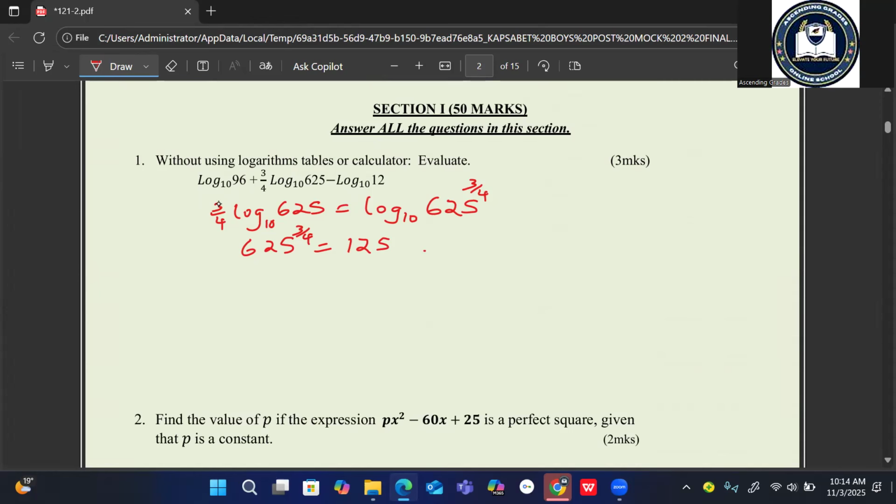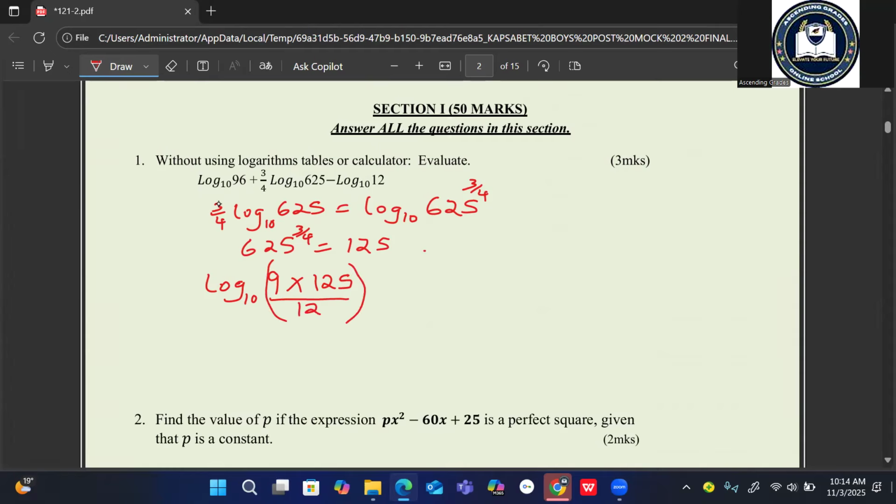So in logarithms, using the laws of indices, addition means multiplication. So log 96 we multiply with 125, then minus in logarithms means division. So we divide by 12.